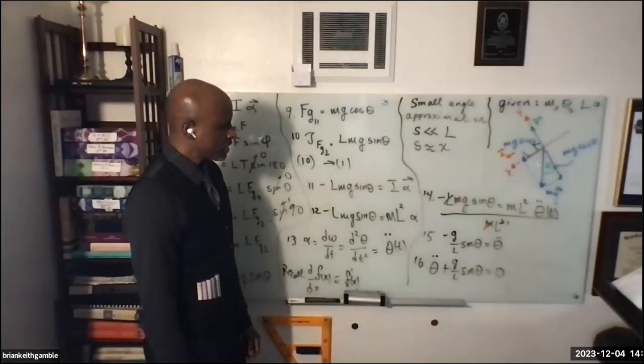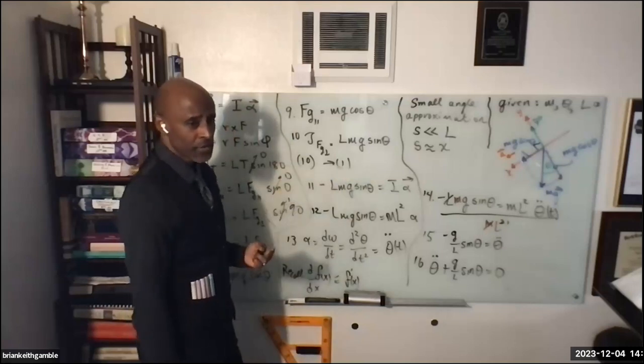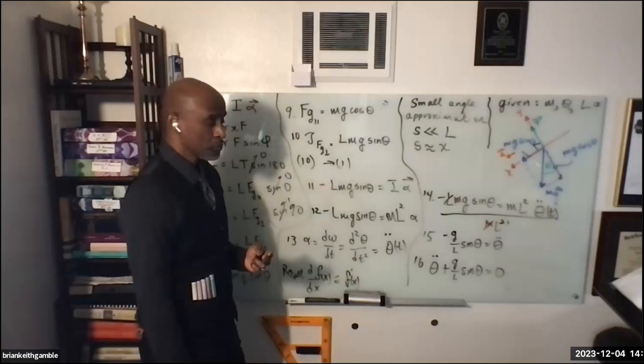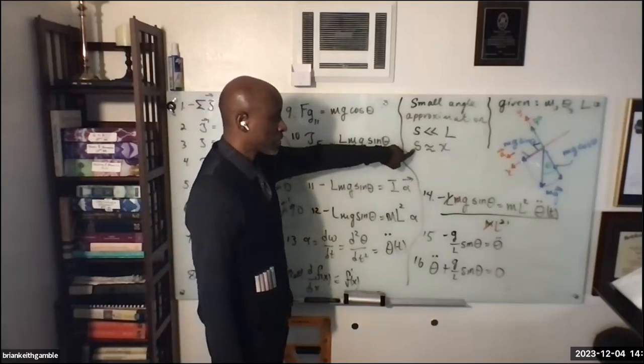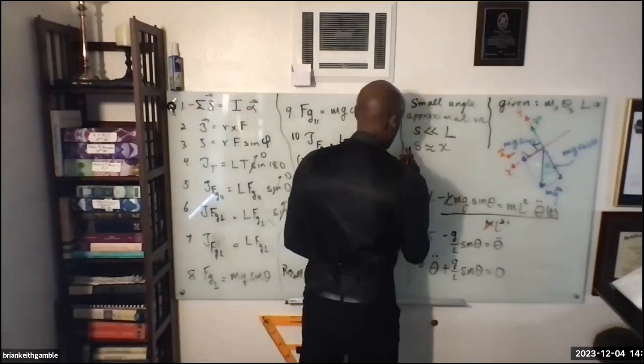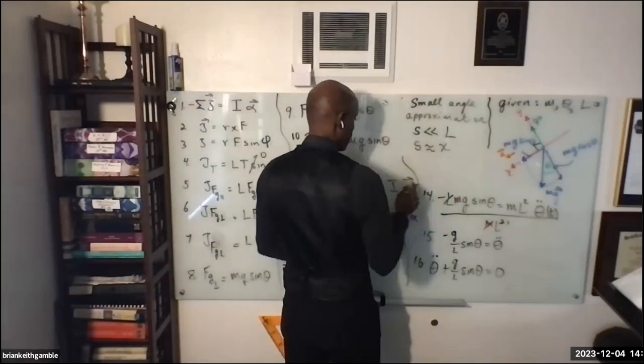Under those circumstances, there are basically four criteria that are true. One is that S is approximately equal to X. So that's one result that's useful for the small angle approximation.